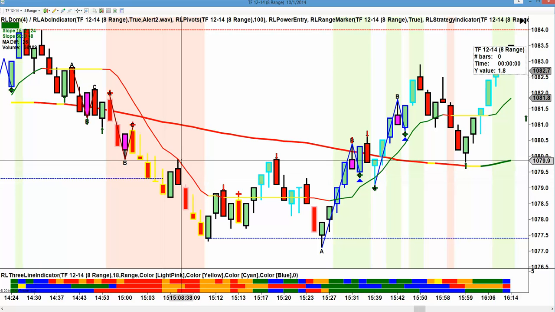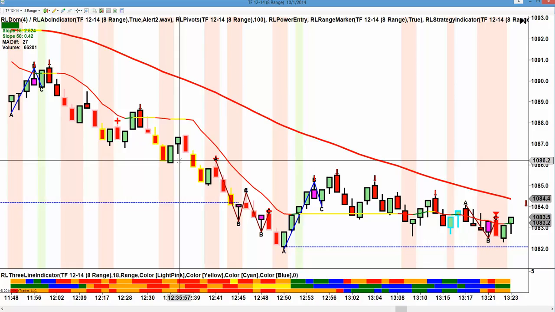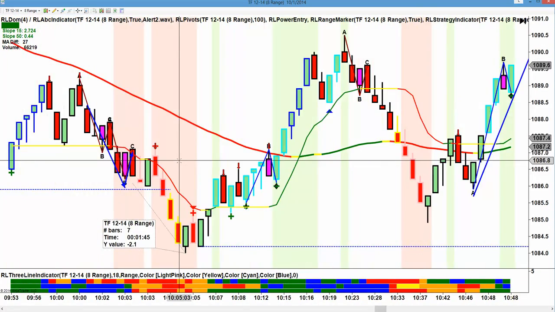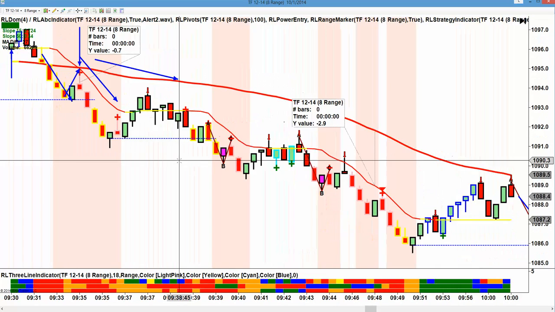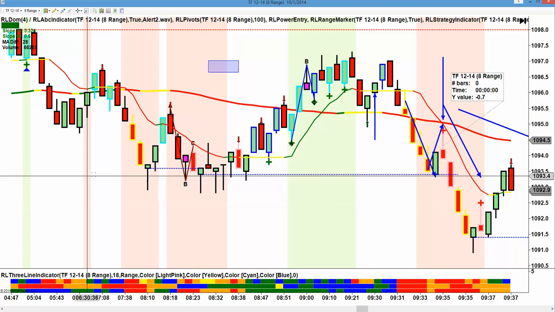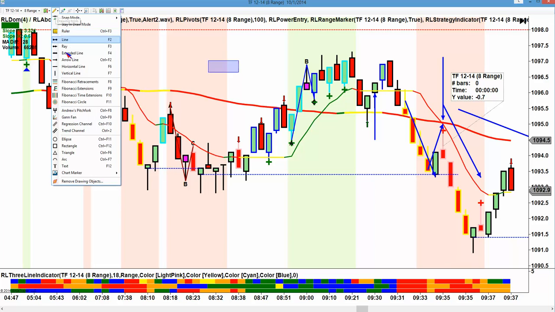So we didn't get a power entry here. It's nice that I can't find one. It's unbelievable. I see them all day, and then when I look for one, okay, here's one. That's a power entry. Now this is a multi-candle retracement.